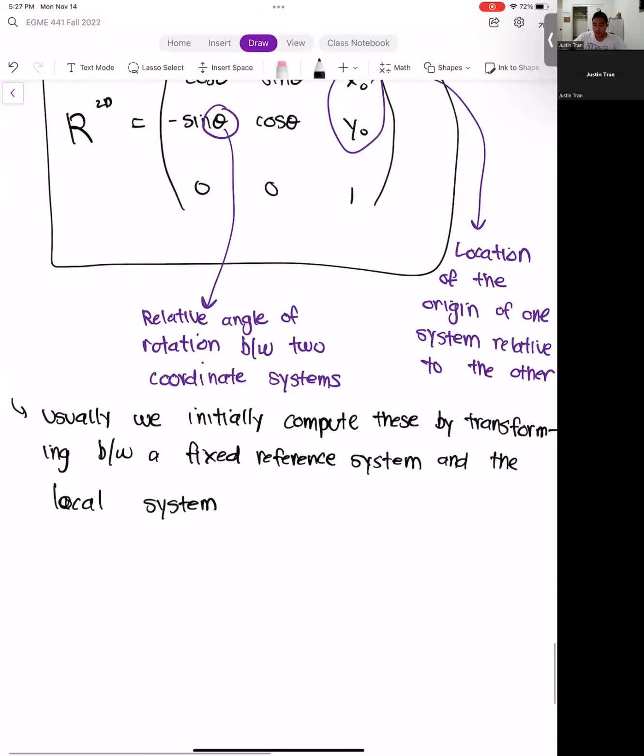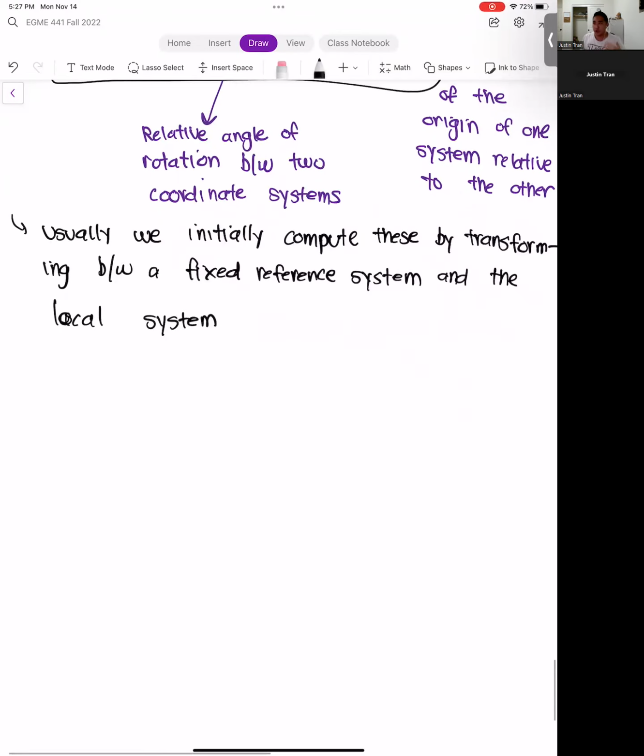This is what we did in the homework, and this is usually the case whenever you have coordinate systems with lab as one of the systems.